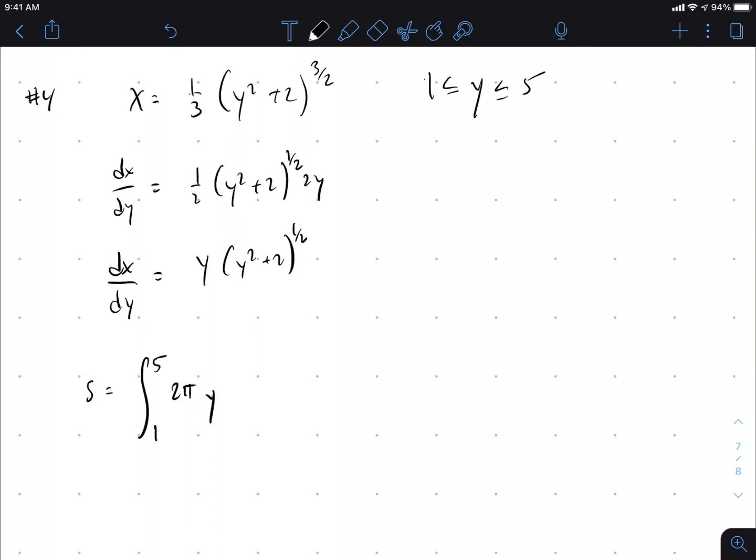And so when we're rotating about x, the radius is in terms of y. Right? So when we rotate something this way, this is the radius, if it's being rotated through here. So this is your y.